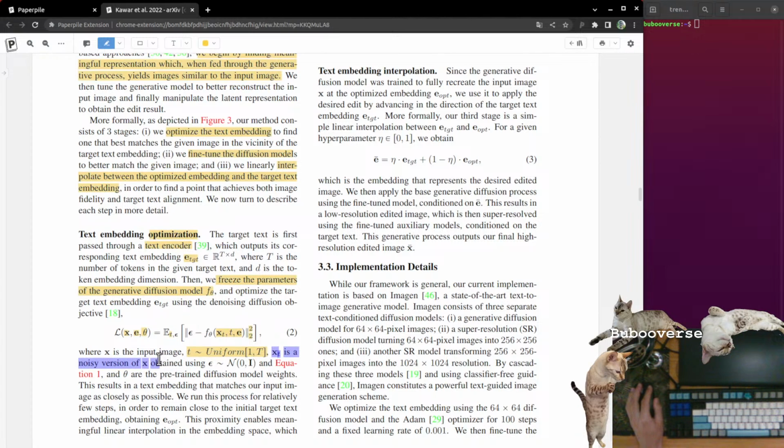So they take the image x and then they add that noise, epsilon. Phi are the pre-trained diffusion model weights. All right, so I'd be curious to know exactly what that's pre-trained on. This results in a text embedding that matches our input image as closely as possible.